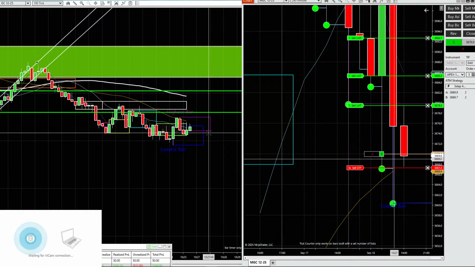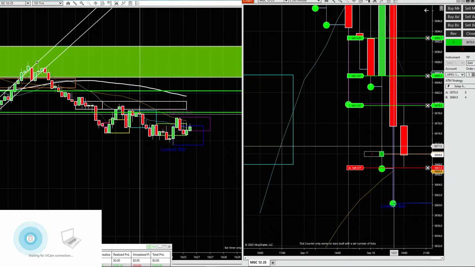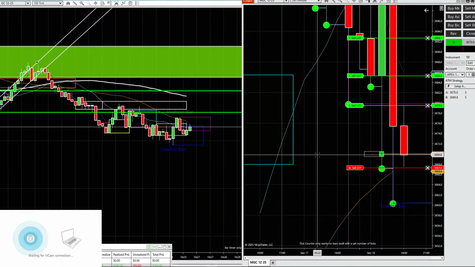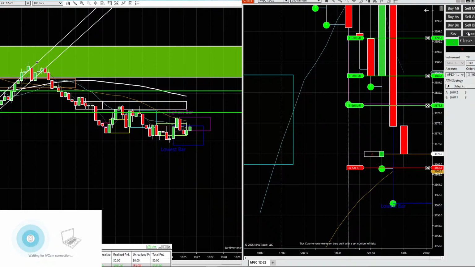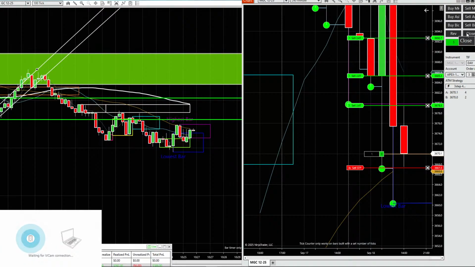Usually means manipulation, another push down. That's what happened over here. Probably gonna get ready to close this. I want to see it take off and run. If it doesn't, then it's most likely gonna fail.